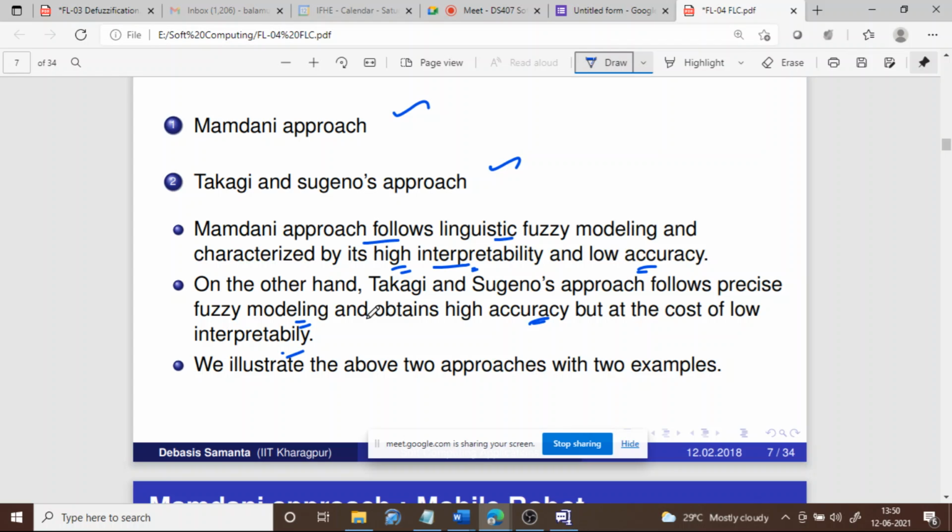That is, we are unable to interpret why it is behaving this way. Is it behaving in the right way for the right reason or not? That is also important. It is not just that the system behaves right. Is the system behaving in the right way for the right reason? If the system is behaving in the right way for the wrong reason, then that may not be appropriate.